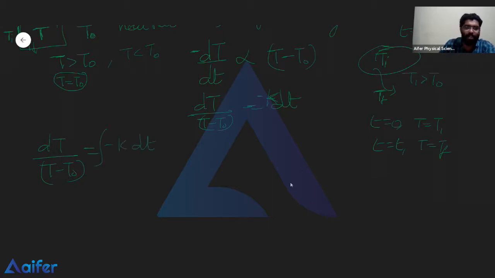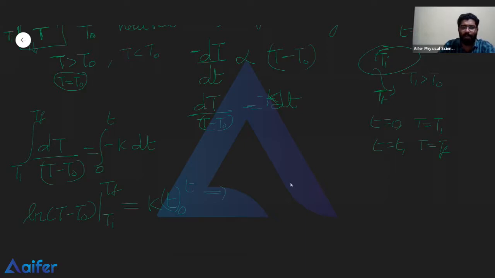On integration, initial temperature is Ti and final temperature is Tf, initial time 0, final time t. Then you will get log (T minus T0) from T initial to T final equals minus k times t from 0 to t.